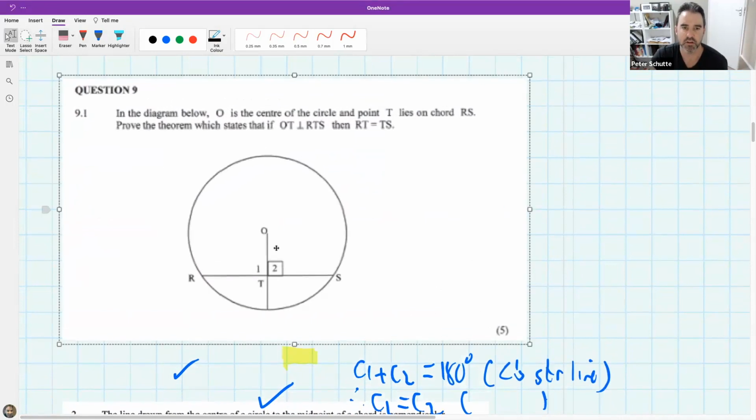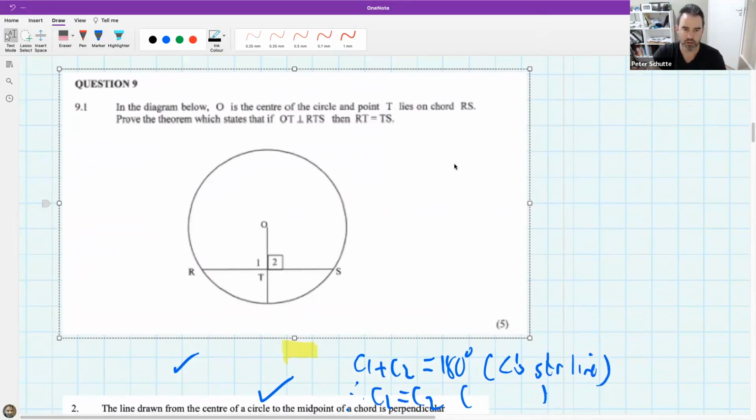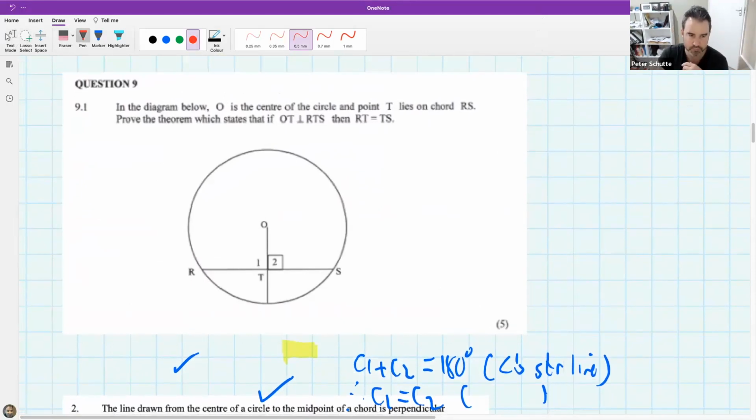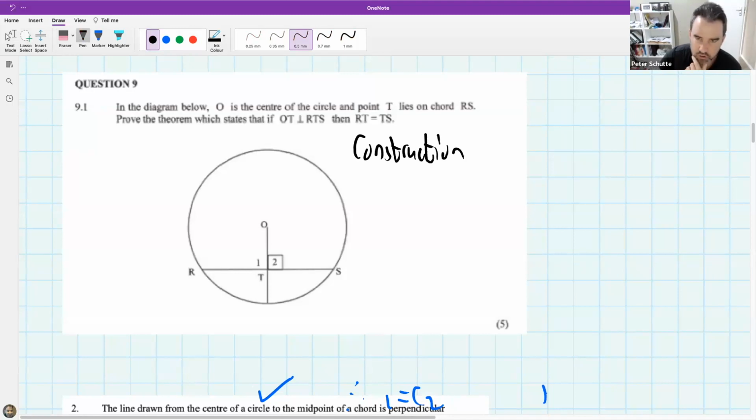Here we go. Okay, so I want you to write out what you think your first step would be. Notice how the drawing looks a little bit different, but I think you should know the steps that we need to do. Yeah, step one is construction. And what do we need to construct?